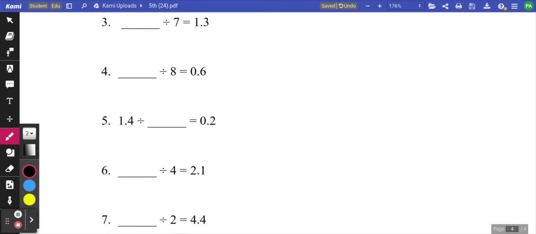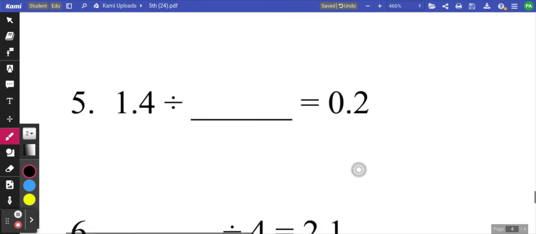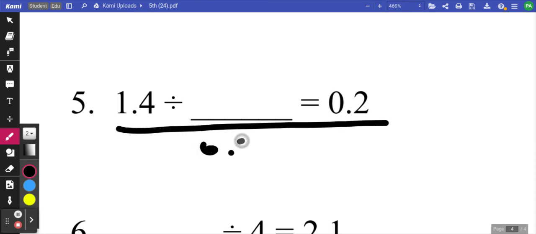On the other hand, number 5, for example, you see that we don't know what is being divided. We only know the number that is being divided into. So what do we do? In this scenario, we divide. What do we divide by? 0.2.